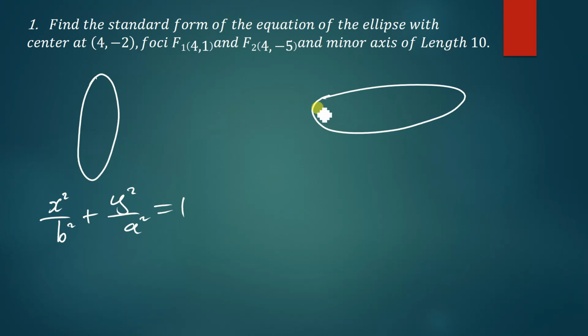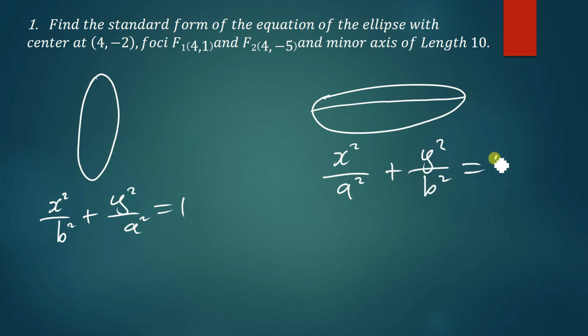The major axis is the longest distance in the ellipse, so if the major axis is parallel to the x-axis, then you expect the value of a to be under x. The equations I'm writing now apply for an ellipse which has the center (0, 0).